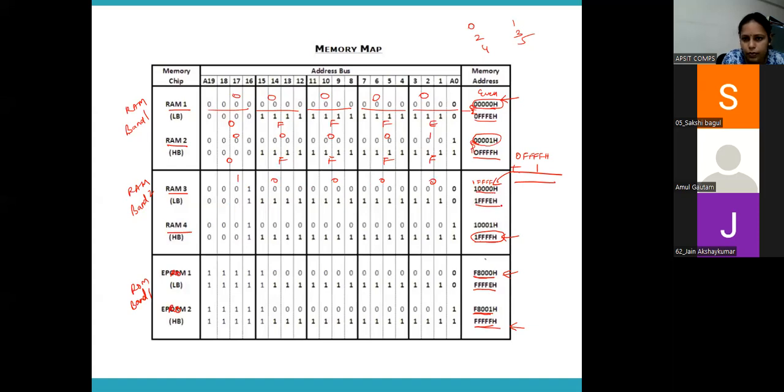This is 1FFFE. This is 10001. This is 1FFFF. Right? This is F8000. This is FFFFE. This is F8001. This is all Fs. So what you have given here is nothing but the expansion.